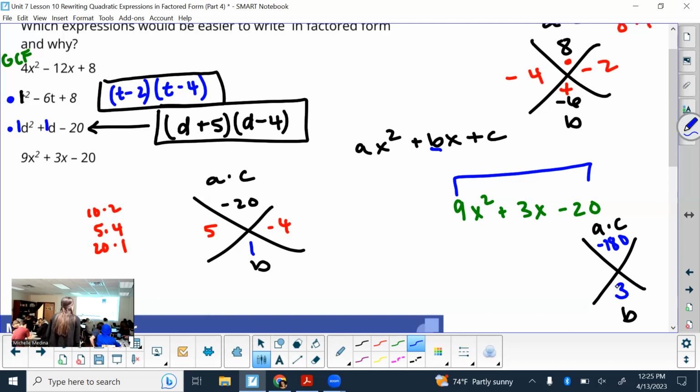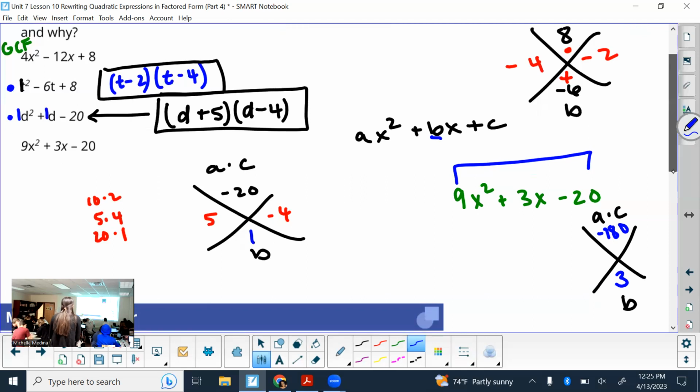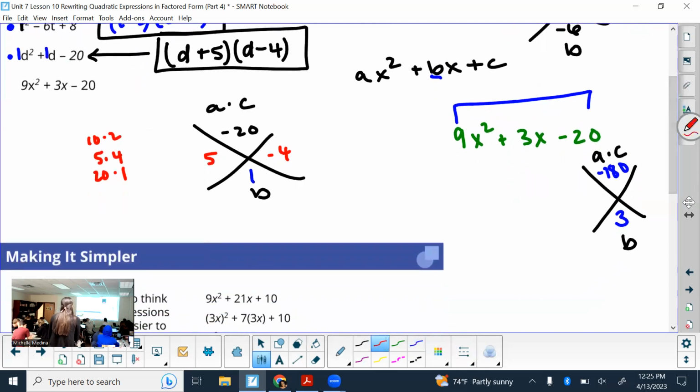Now there's lots of numbers that multiply to 180. There's lots. So that's why I'm not a huge fan of this problem, because there's so many. But there is a combination of all the lots of ways you can multiply to 180 that will give you 3 when you add. Now, if it's negative when we multiply, it's 3 when we add.